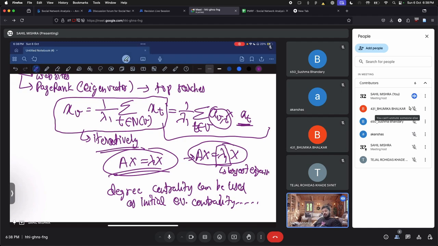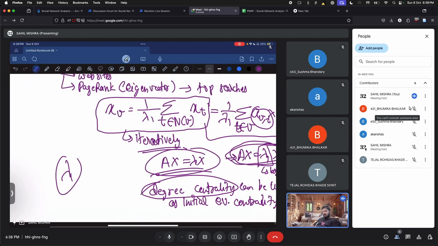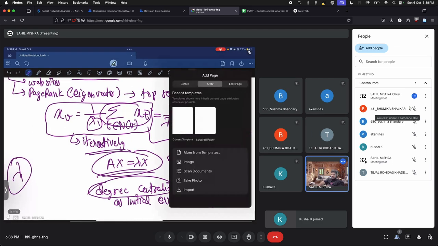Consider you take degree centrality as initial values, you put it here and solve for lambda 1. Lambda 1 will give you the highest eigenvalue, and whenever this summation is divided by it, it gets normalized in that range. Okay, any doubts?